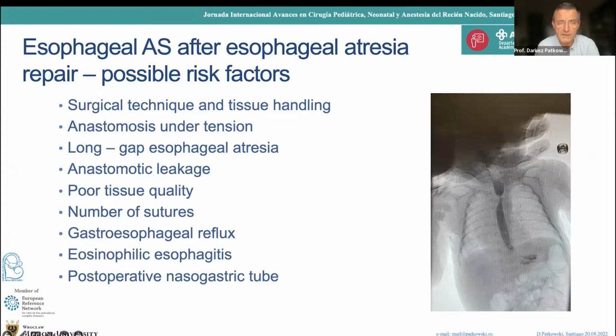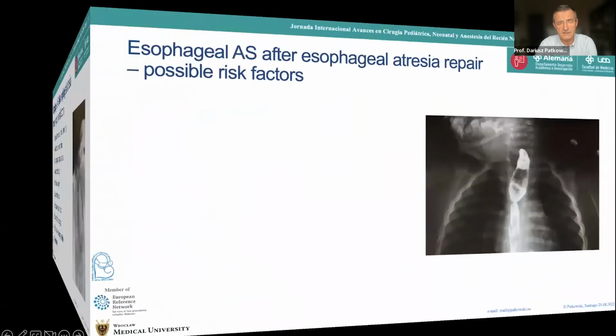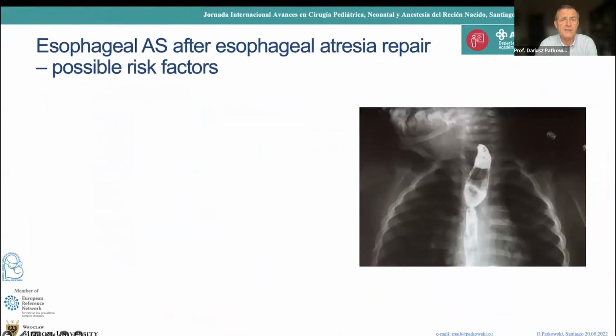But remember to always put the nasogastric tube with an opening at the end, so you can exchange it with, for instance, a guide wire. And also very important is experience. In our series, the rate went down in the last cases.